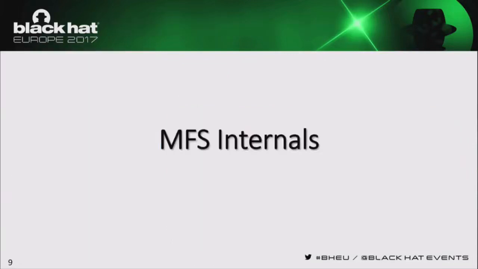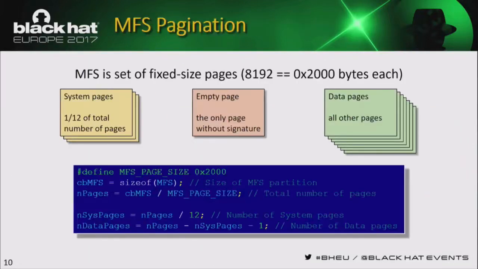So let's start looking at the internals of the management engine file system. When you find the MFS partition, you could easily discover that it could be split into separate pages. Every page is 8 kilobytes in size, and every 12th page is a system page.